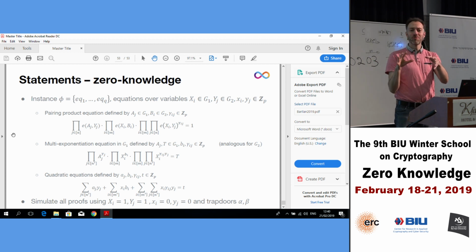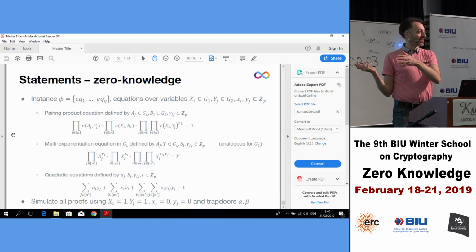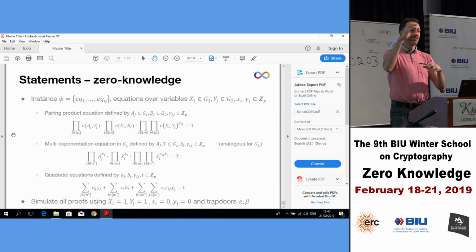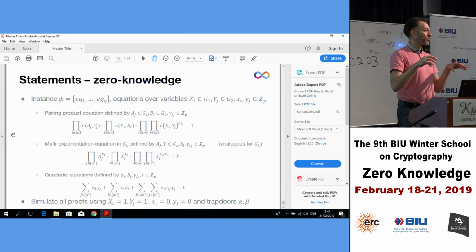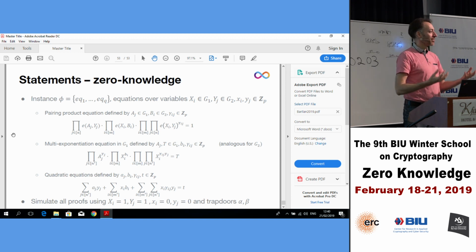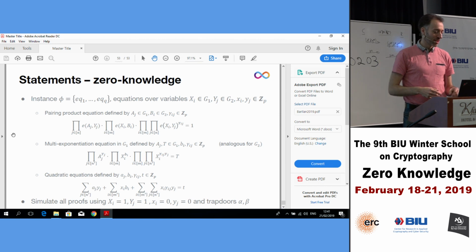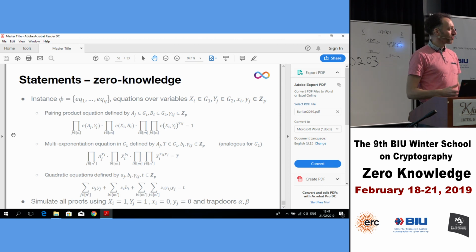Because now we only have group elements, we only use generic group operations, everything is nice and clean and works nicely with the pairing product equations we had here. So it turns out that you can glue these structure-preserving protocols together with Groth-Sahai proofs, and you can start building more advanced protocols based on that. So it's not just about the proof system, it's also about whether there is an ecosystem of cryptographic protocols that supports it.